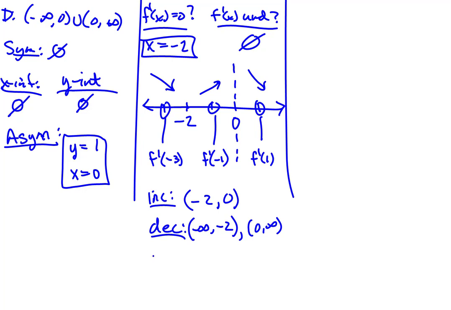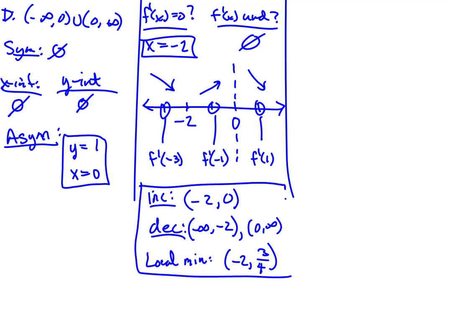And then we can, based on the first derivative test, say that we have a local minimum value where this valley occurs. So that'd be at the point negative 2, comma, whatever the function value is there, which I computed to get 3/4. That's just basically computing f of negative 2. So we have a local min there. We have intervals of increasing, decreasing. All of this should show up on our graph when we finally get there.